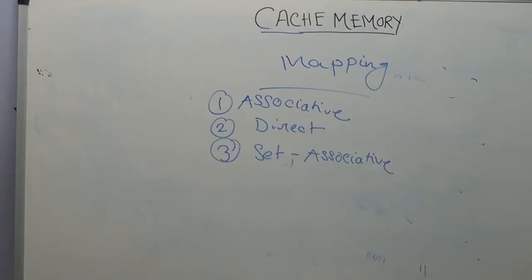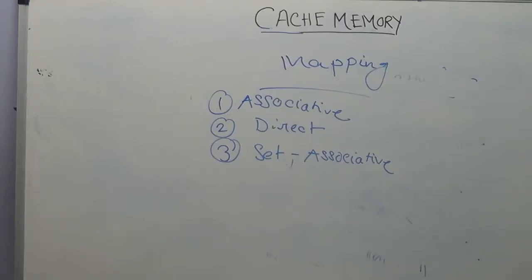Next, come to the direct mapping. Instead of storing the total address of information with data in the cache memory, only part of the address bits is stored along with the data in the direct cache mapping technique. CPU generates a 16-bit address that is divided into 2 fields. One field is called index and the remaining part is called the tag field. When the CPU wants to access the data from main memory, it places an address.